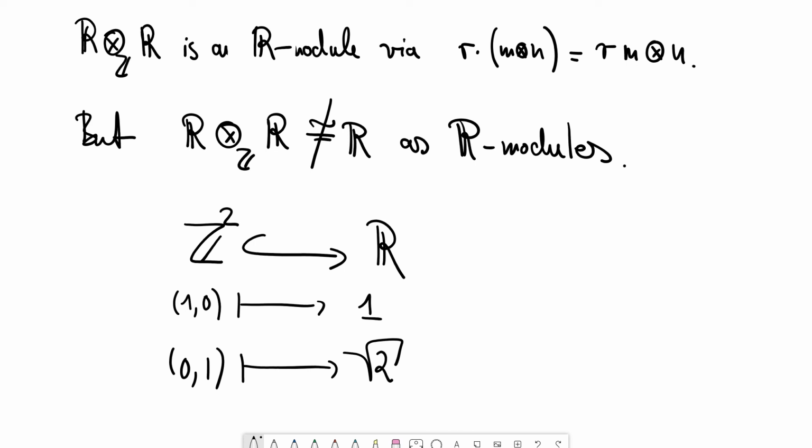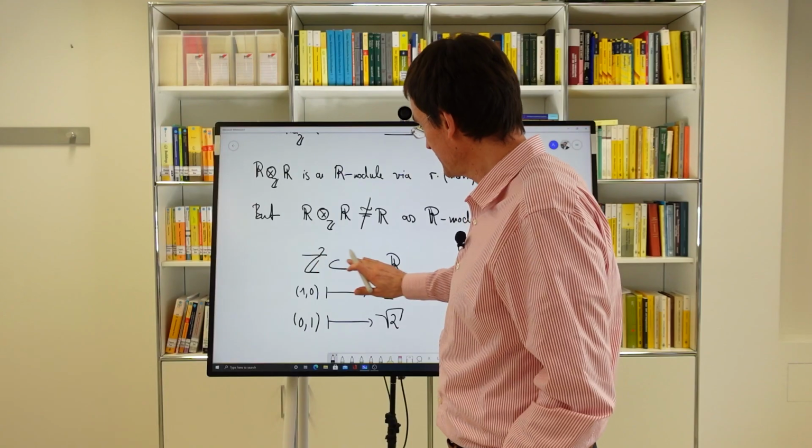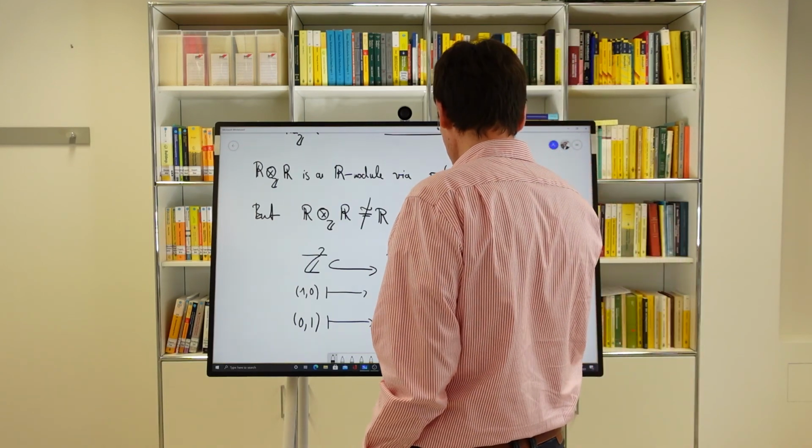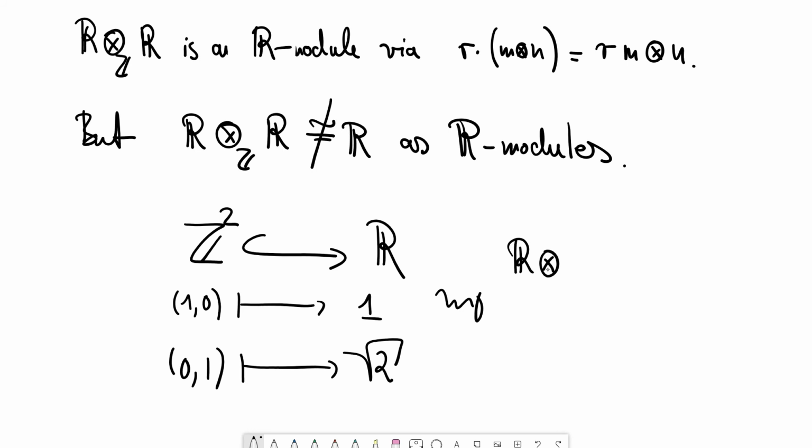All right, so this is an embedding. And now we just tensor this map of Z modules with R. The problem being that in general, applying the tensor product is not left exact, so it does not preserve injectivity. In general not, but here indeed it does.